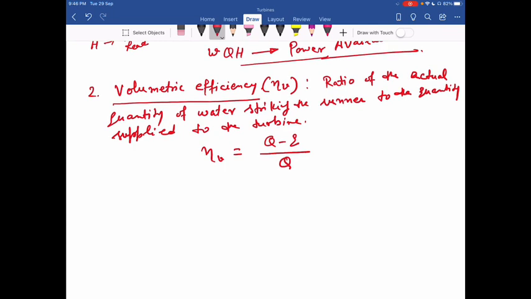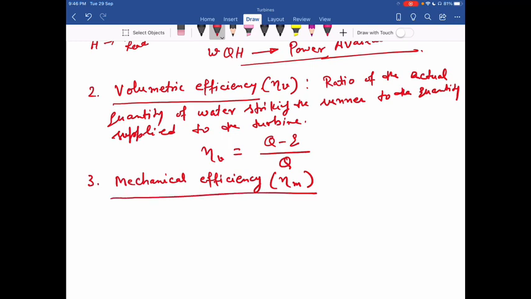That is volumetric efficiency. The third efficiency is the mechanical efficiency, denoted by eta m.